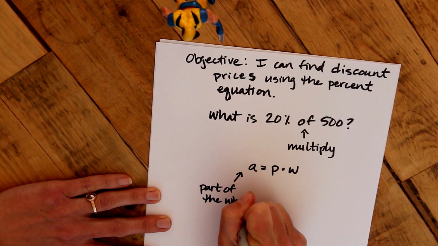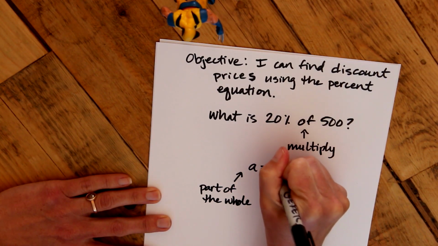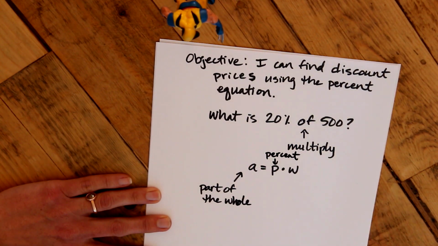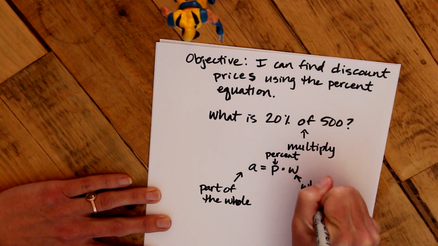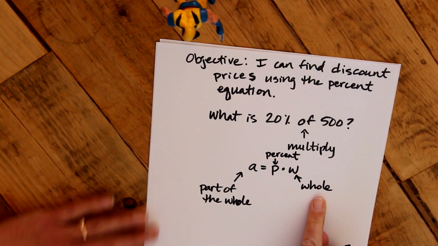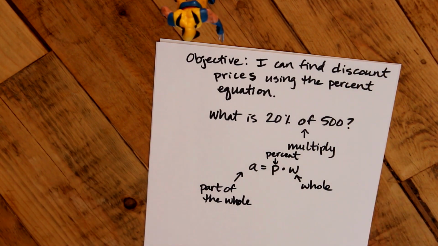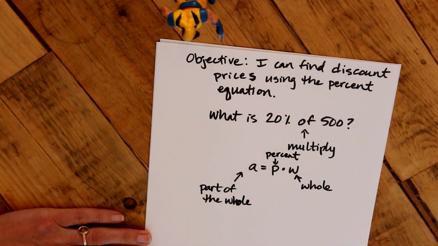And that's going to make sense in just a second. P, pretty simply, is the percent, and W is the whole, or the whole number. In this case, the whole number is 500. That was the original price. And in this case, the percent is 20%.